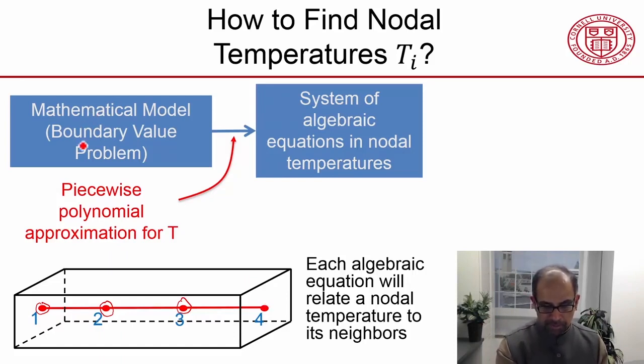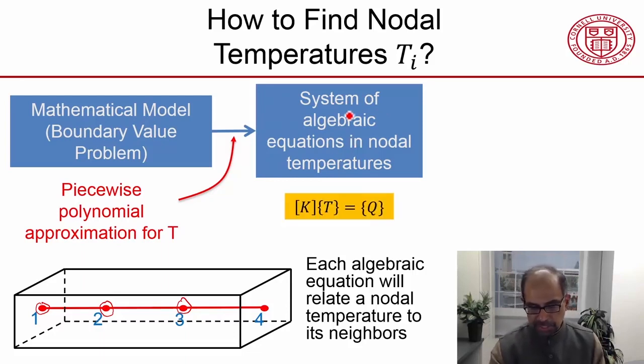So we are going from calculus to linear algebra. And the system of algebraic equations can be written in matrix form, and usually you see this form written. T is a vector containing the nodal temperatures. So in our case, T is going to be T1, T2, T3, T4.